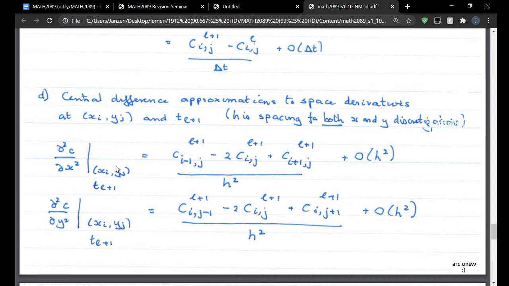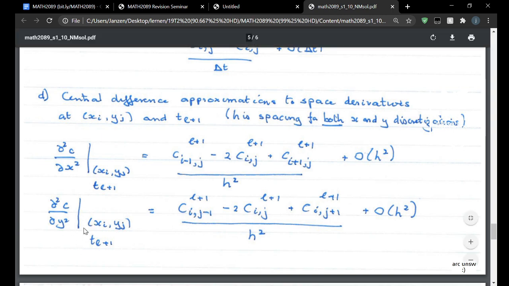Oh yeah, so the slight difference in these two expressions is that the subscripts change slightly, because this is i minus 1, this is j minus 1, because this is the partial derivative with respect to y, or the j component here.